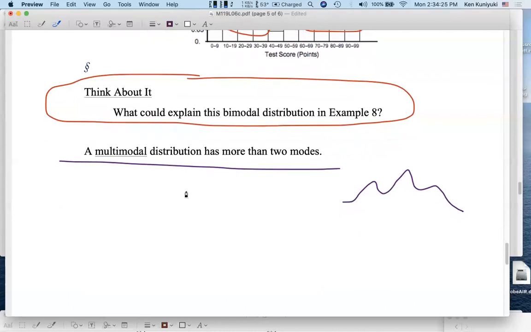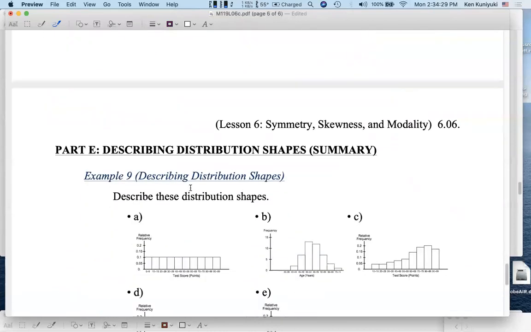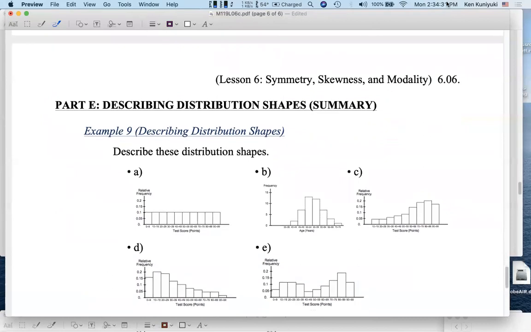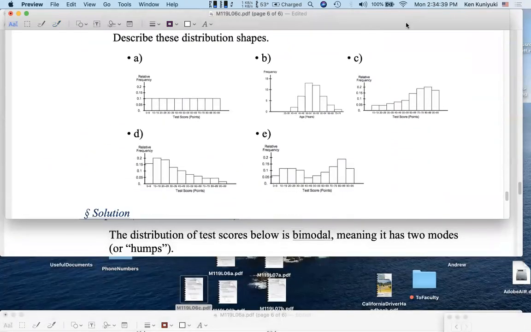All right, so let's talk about describing distributions that we've seen. Let's talk about these 5 shapes that we've seen. How could you describe them? I'll give you 20 seconds to review these. How would you describe them in terms of symmetry, skewness, and modality?